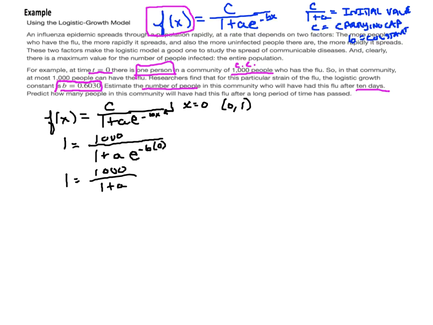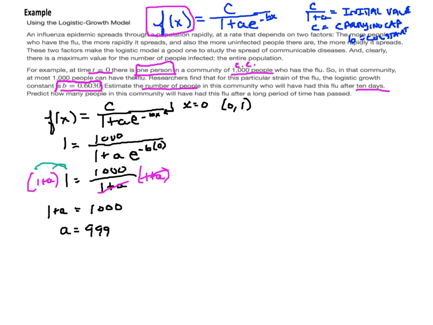So I can multiply both sides by 1 plus a. That 1 distributes, leaving me with 1 plus a on the left-hand side equals 1,000. So my a value, I subtract 1 and get 999.